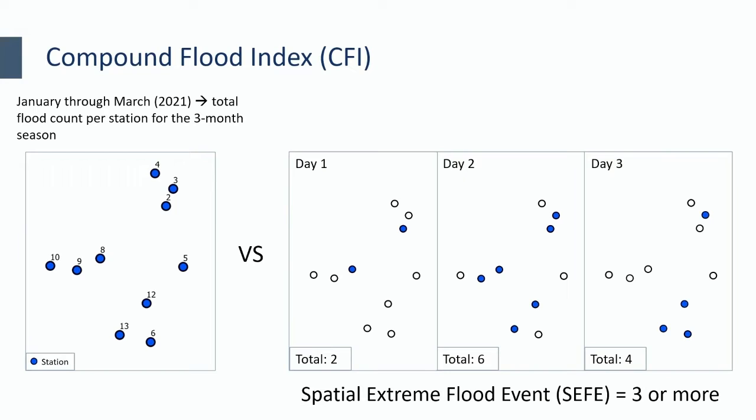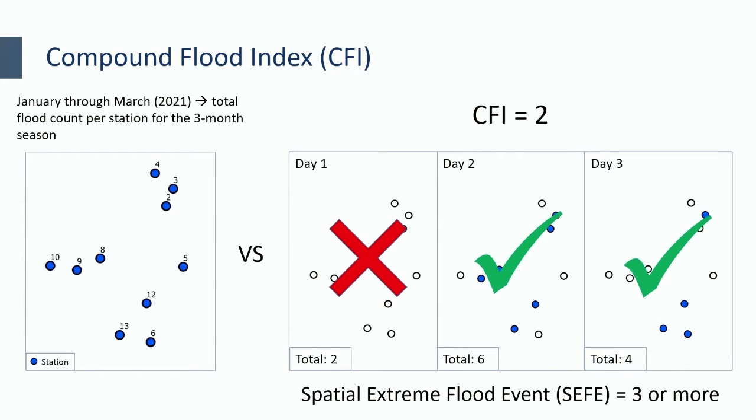So we have the spatial extreme flood event threshold, which lets you know, okay, in this case, 3 or more stations flooding at the same time is what's significant and not occurring by chance. Therefore, in this example, your CFI would be 2, because you have 2 days where you have 3 or more stations flooding simultaneously.